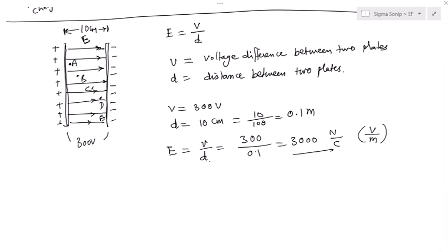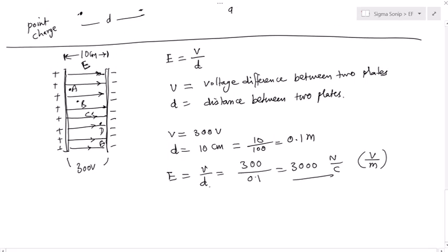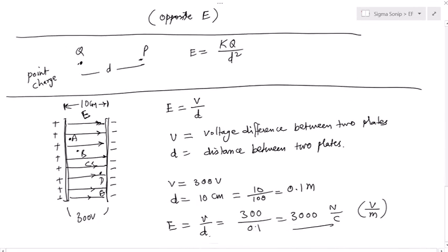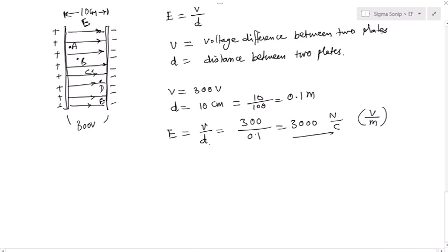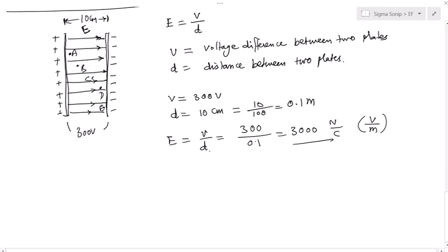Now just to extend it further, or rather just to give an example, let's look at the force on a charged particle in an electric field, the force on an electron which is placed between these two plates. Let me just say that I'm putting the electron at point B. At point B the electron will experience some force.